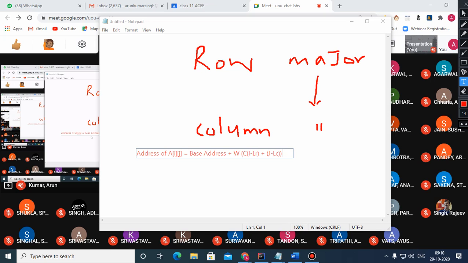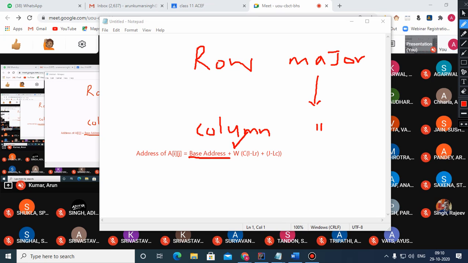So here base address is the address of the very first element of the matrix, and word length is the size of each and every element. Suppose the array is integer, so its size will be 4 bytes.